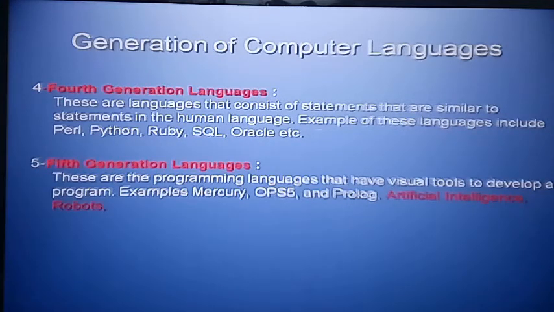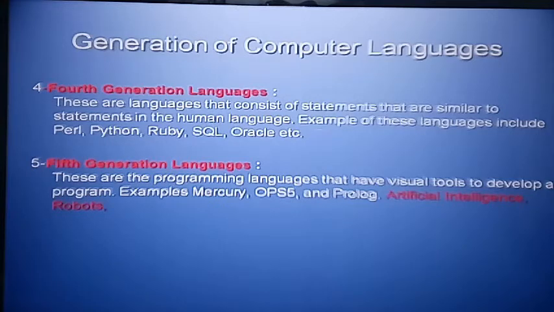Fifth generation languages are the programming languages that have visual tools to develop a program. For example, Mercury, OPS5, Prolog, artificial intelligence, robots. It means it does the work itself, no requirement.